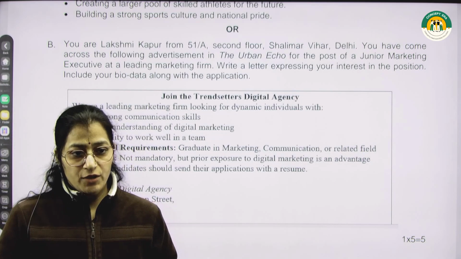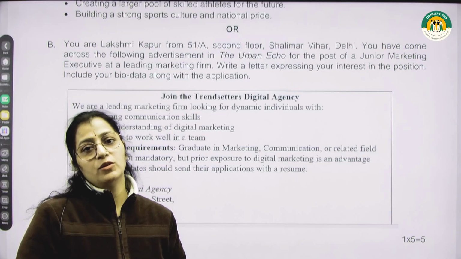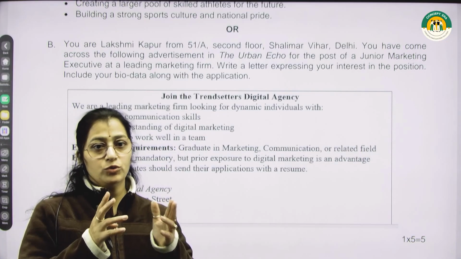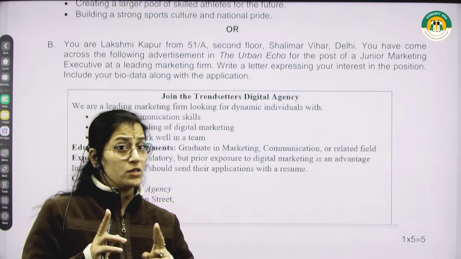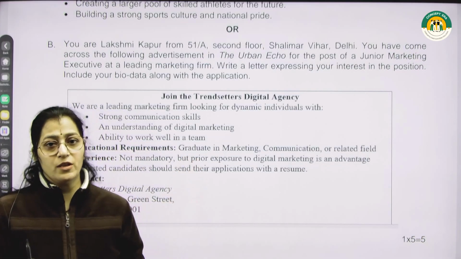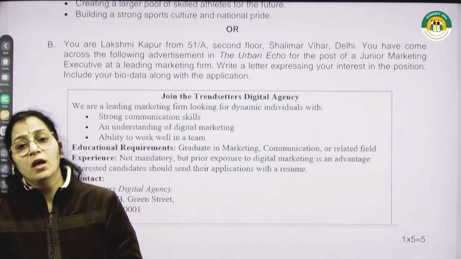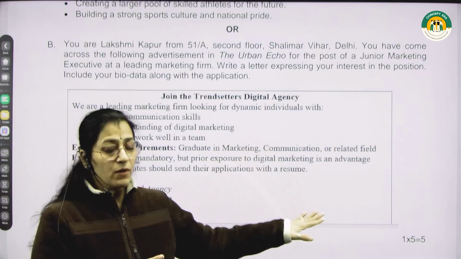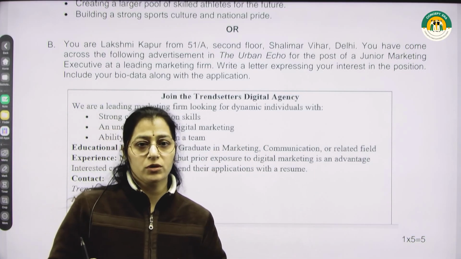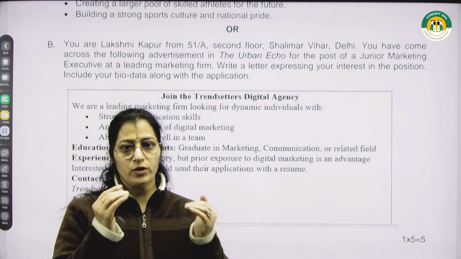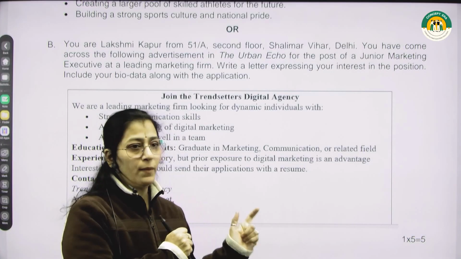While you are drafting your job application, you have to follow 2 different formats. One is the letter format and the other is to frame your CV, your bio data. So this carries 5 marks again, but 2.5 marks is for the letter and 2.5 marks for the CV formation which you are going to write into your job application.